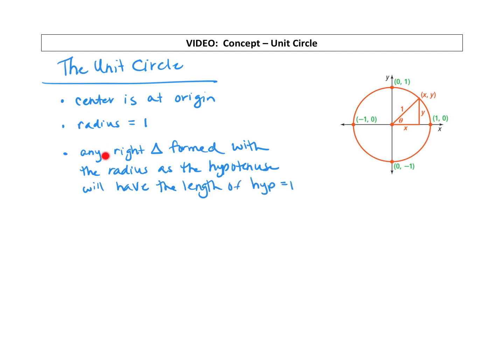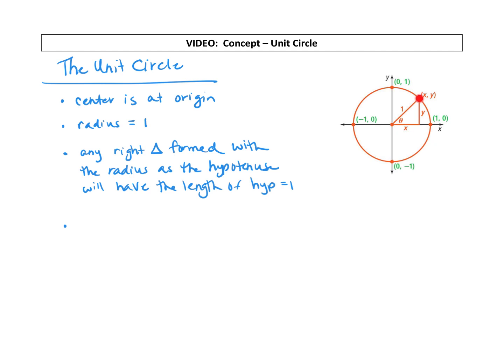Okay, so any right triangle formed with the radius as the hypotenuse, so it's going to look something like that, will have the length of the hypotenuse equal to 1. And then if we just take a look for the last thing, if we have an ordered pair on the circle anywhere, so here's an ordered pair xy, we connect to the x-axis, so we have a right triangle we can work with.